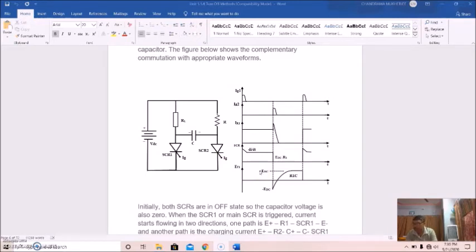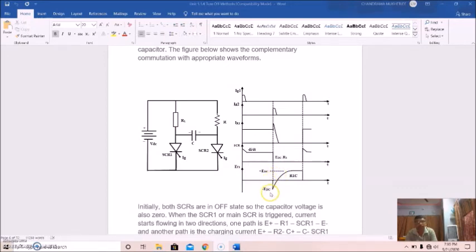So this is all about the class C commutation, and the waveform is applicable here, as I told you. In this way, this is gate 1, this is gate 2, this is the load current, this is your thyristor current, and this is your thyristor voltage, and this is the turn-off time.